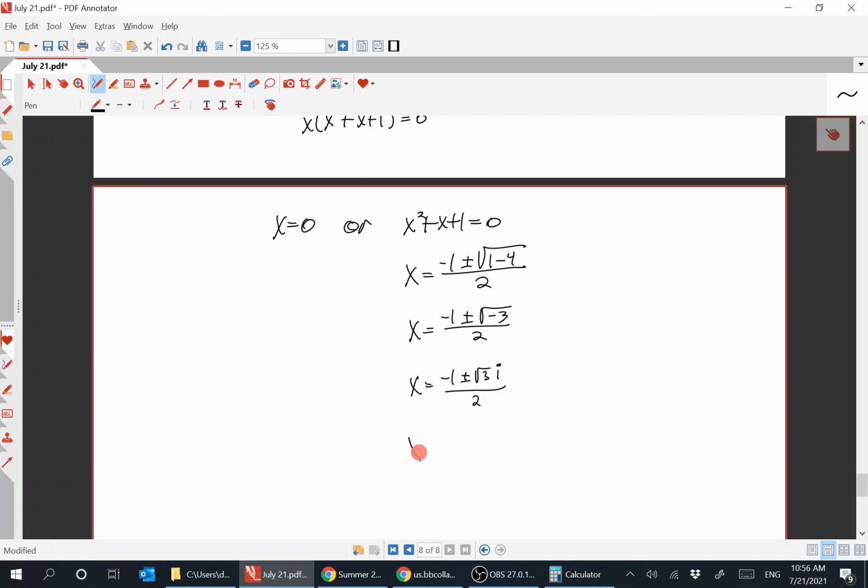So you have two roots or zeros here: minus 1/2 plus root 3 over 2i, and minus 1/2 minus root 3 over 2i. So that's a conjugate pair. The quadratic formula, of course, gives you a conjugate pair because it's got this plus minus business there. But that always works out with every polynomial that has some imaginary roots.